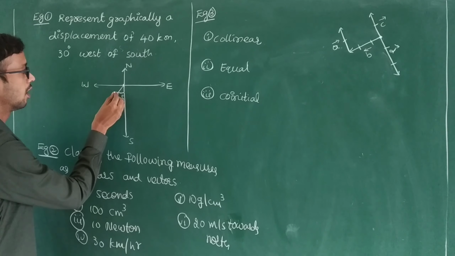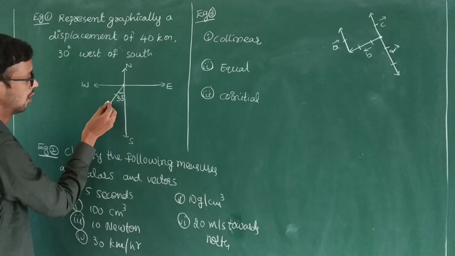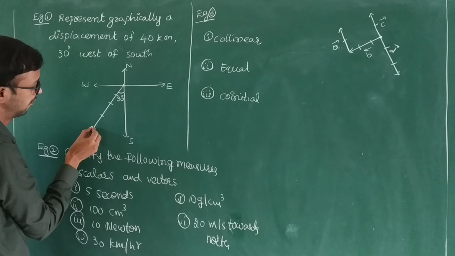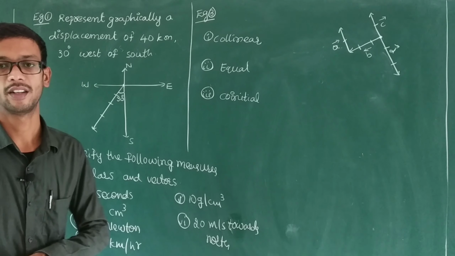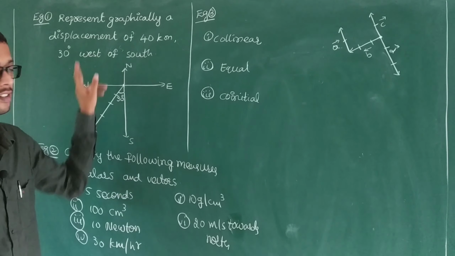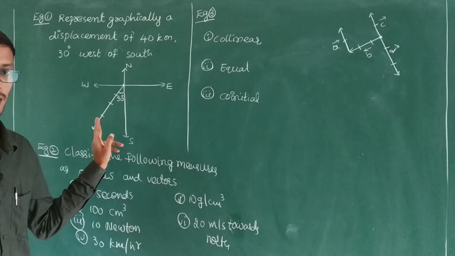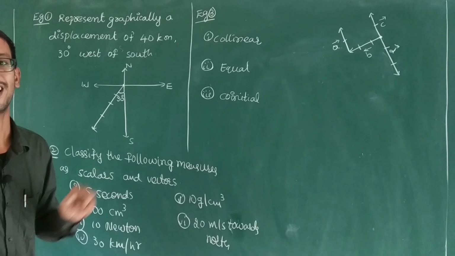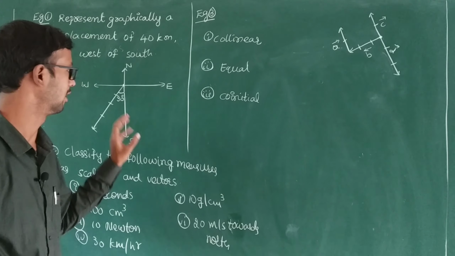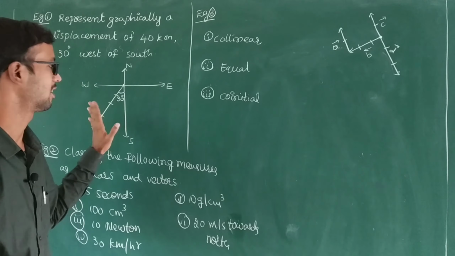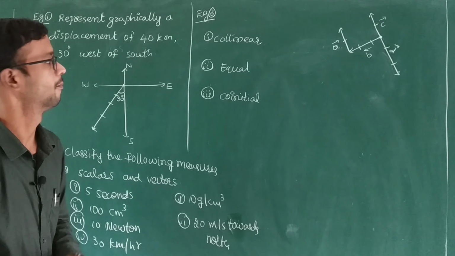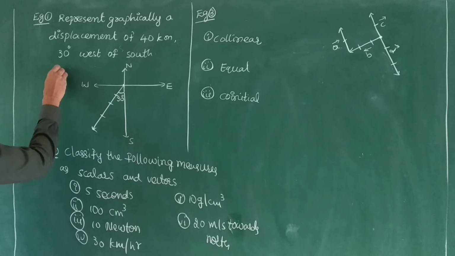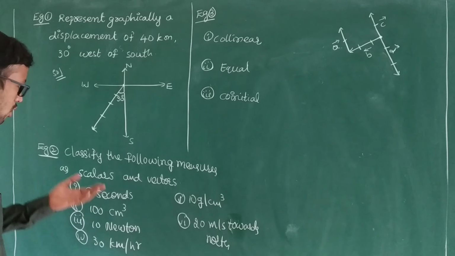Next, how many kilometers? 1, 2, 3, 4. So this is the graphical representation of a 40 kilometer displacement west of south with 30 degrees. Each one carries 10 kilometers. This is just a rough diagram of how to draw it.